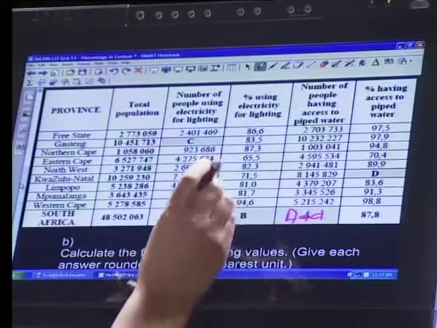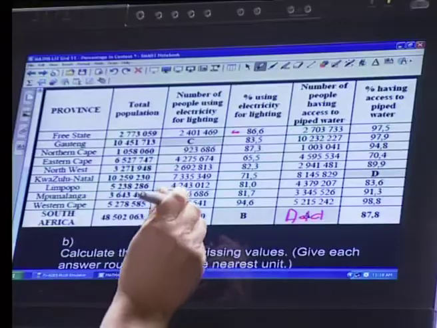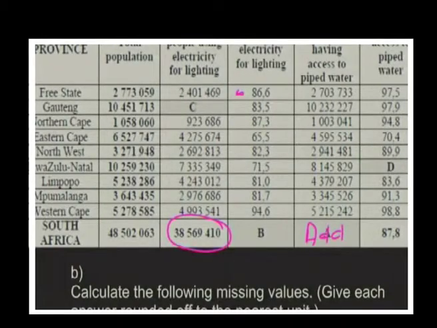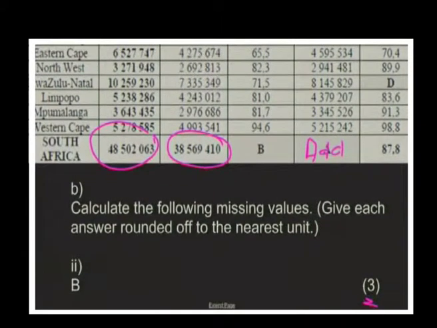So we need to actually calculate it the same way we calculated our 86.6 for the Free State. We're going to take our total number of people using electricity and divide it by our total number of people in South Africa. So let's do that calculation.